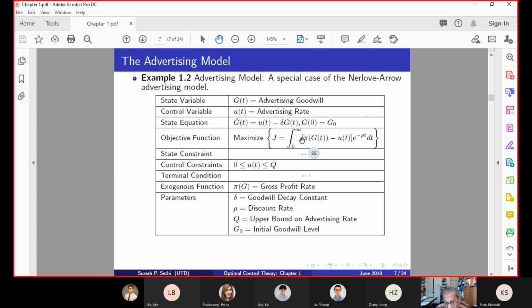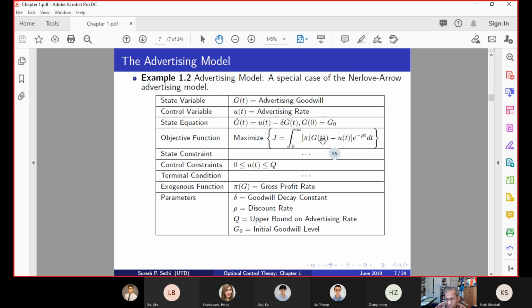So that will be given by a function called pi of G. And U_t is the cost of advertising. So that gives me the profit at time t. And because I have an infinite horizon problem this time, I'm going to discount that with some discount rate. So rho is the rate of discount.